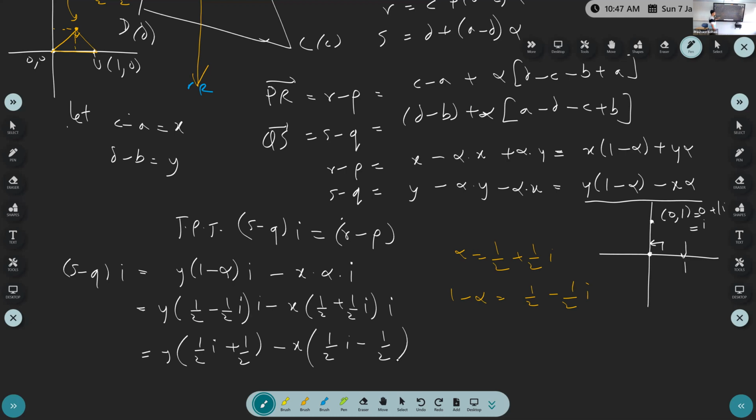And so I need to compare this equation with PR. What is PR? This one, right? If it is the same equation, we are done. What I expect as the coefficient of y should be alpha, right? So is this the same as alpha? Yes, right?